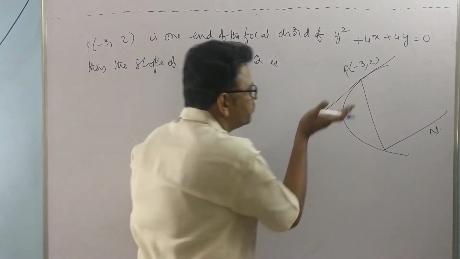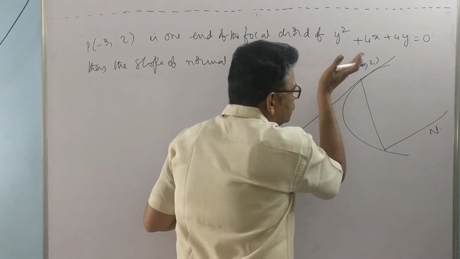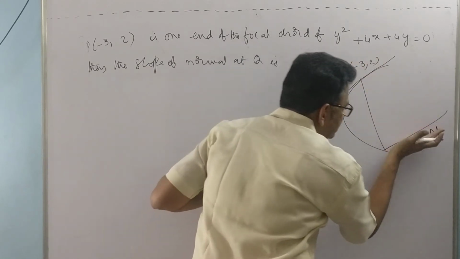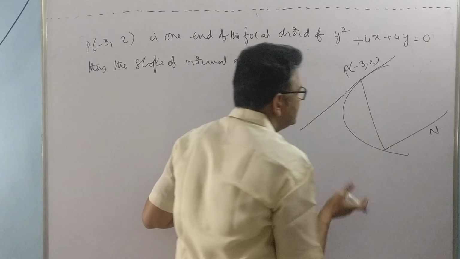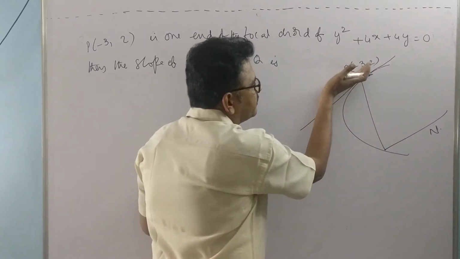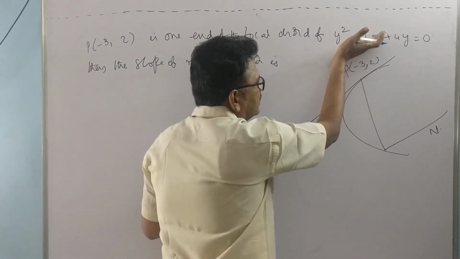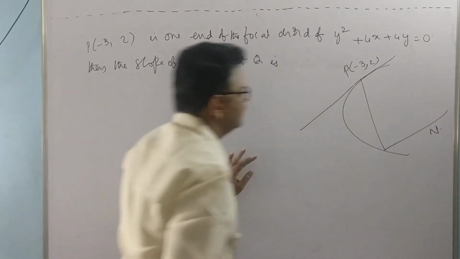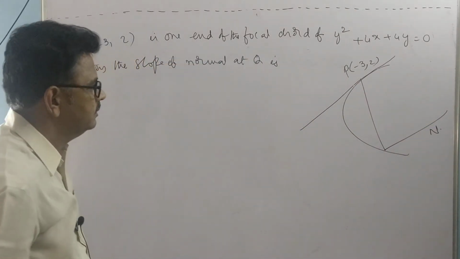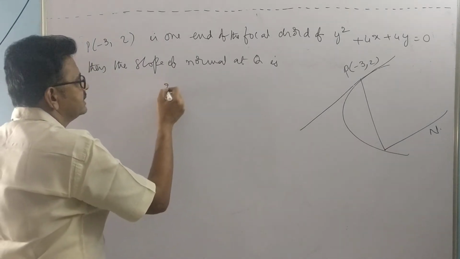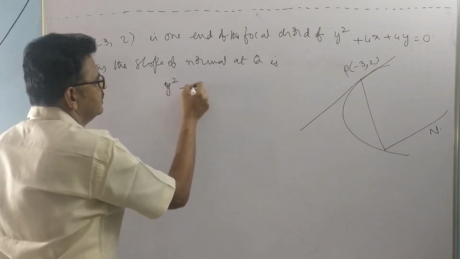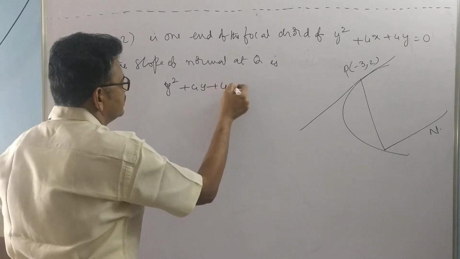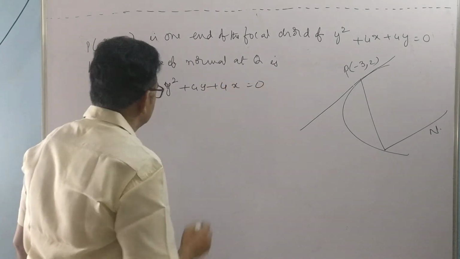That means we have to find the slope of the tangent at P, which is parallel to the normal at the other end. Therefore, slopes are equal. Now, y² + 4y + 4x = 0.